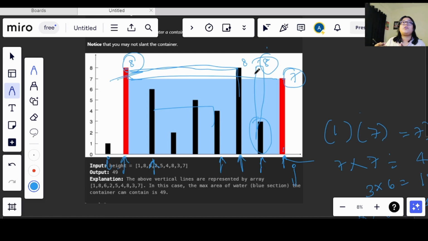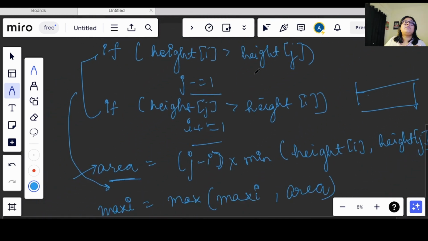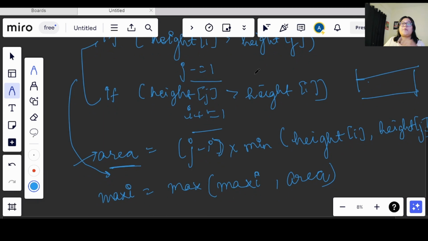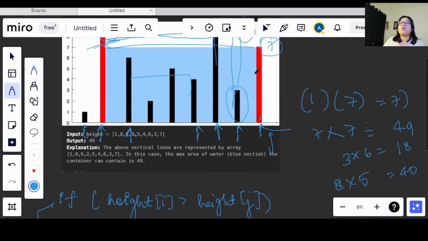So in order to avoid that, whenever we have a greater height, we will stay at that pointer only, and for the lesser pointer we will move forward. Okay, so this is what we have to do here, and as in the pseudocode, we will replicate this in the code editor. So now let's move on to the code editor.